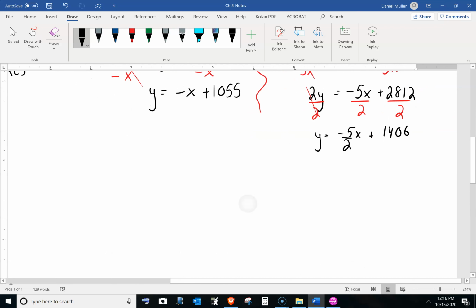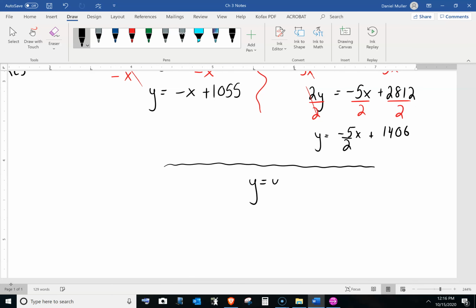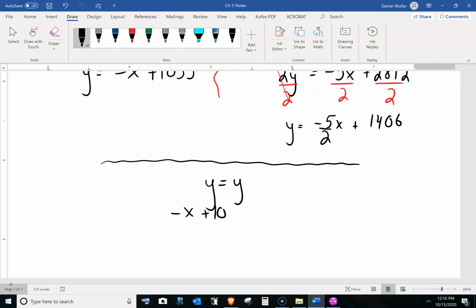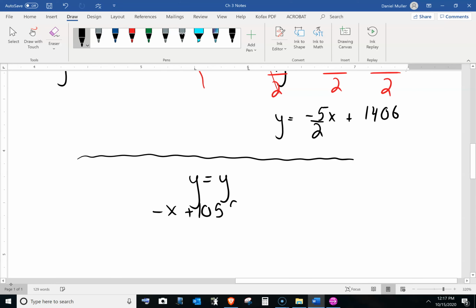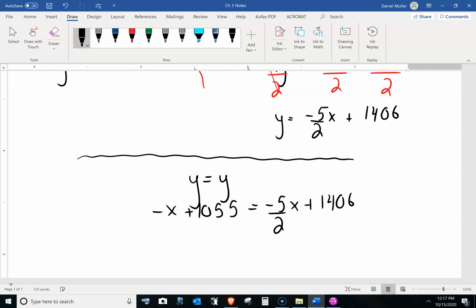So now I'm going to do y equals y. So I've got negative x plus 1055 is equal to negative 5 over 2 x plus 1406.